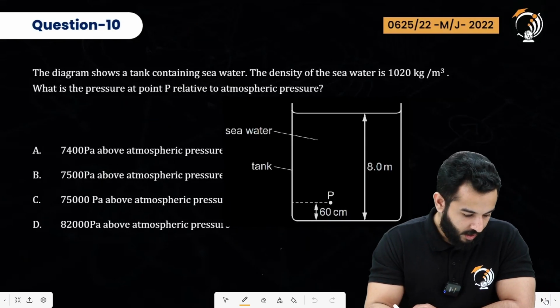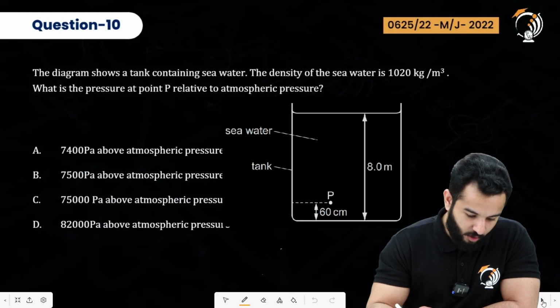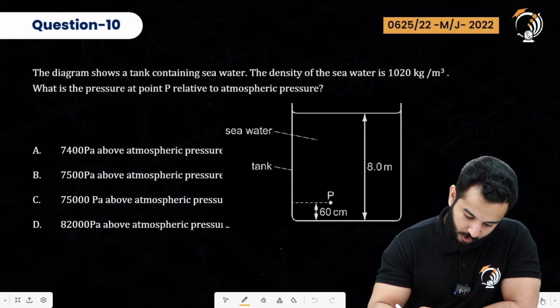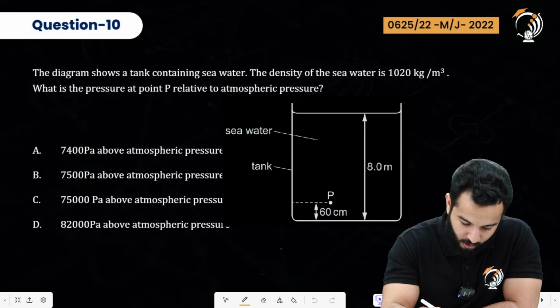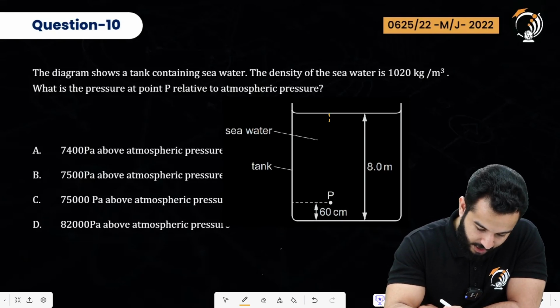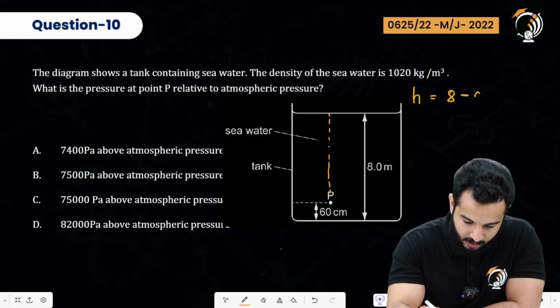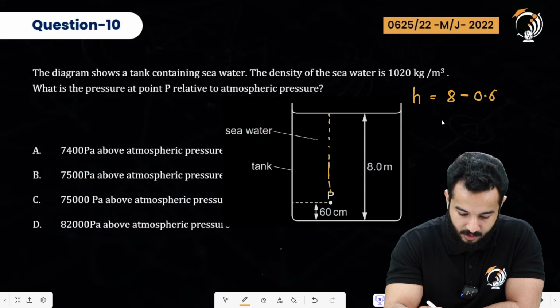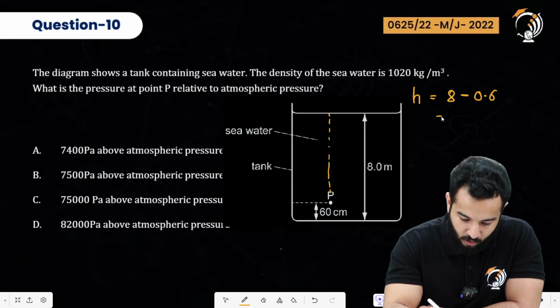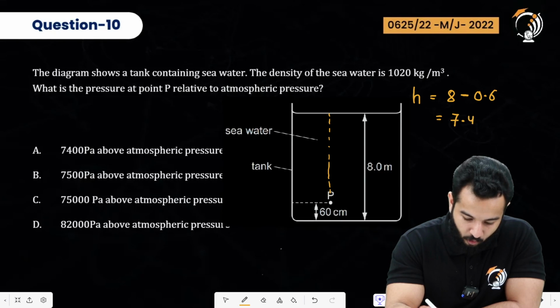Moving on. The diagram contains sea water, the density of the fluid is 1020 kilogram per meter cube. What is the pressure at point P relative to the atmosphere? So for point P, we are going to just do one thing. We are going to find out what this height is. And that's going to be about 8. That height is going to be just 8 minus 0.6. Is that correct? Right? So this is going to be actually 7.4 meters.